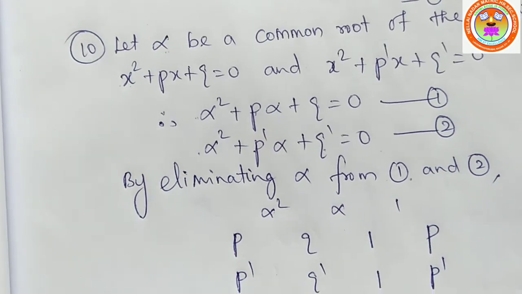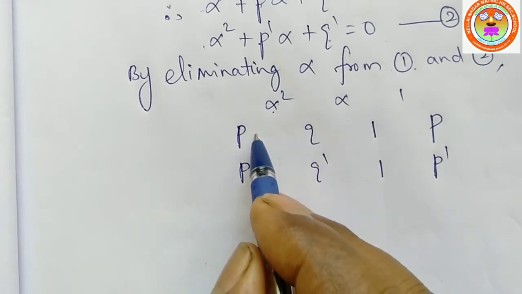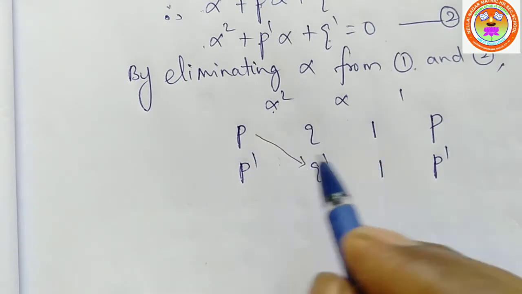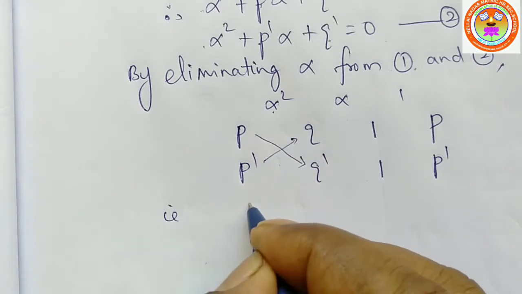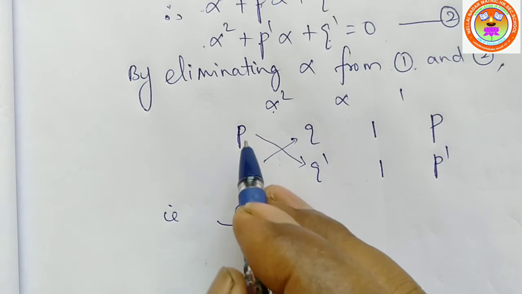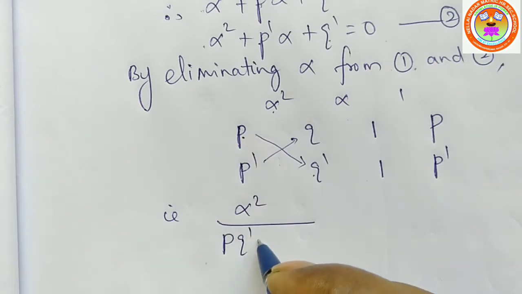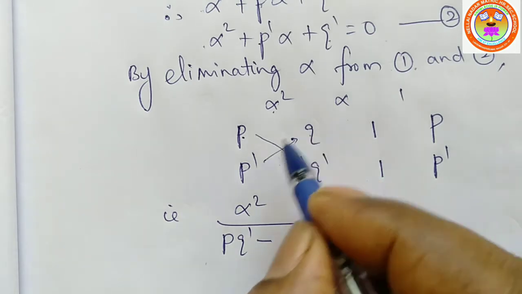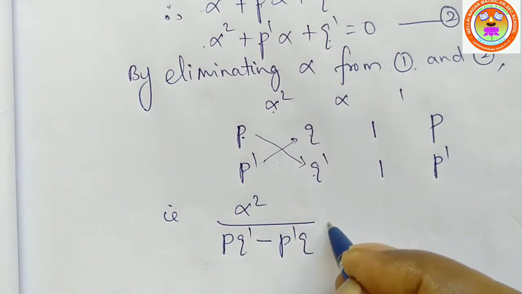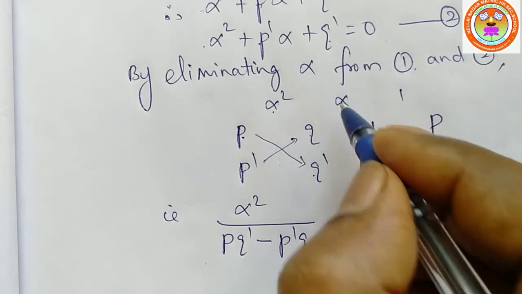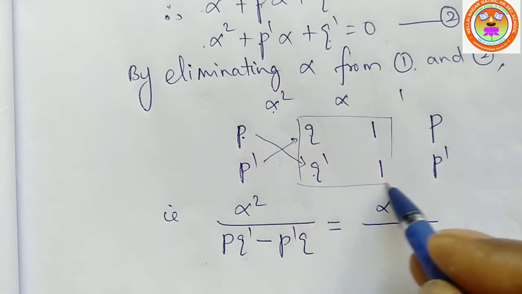Now, if you expand this, that is alpha square by the product of these two minus the product of these two, that is alpha square by p into q dash, that is pq dash, minus q into p dash, that is p dash q, which is equal to alpha divided by, now we have to consider only this much.